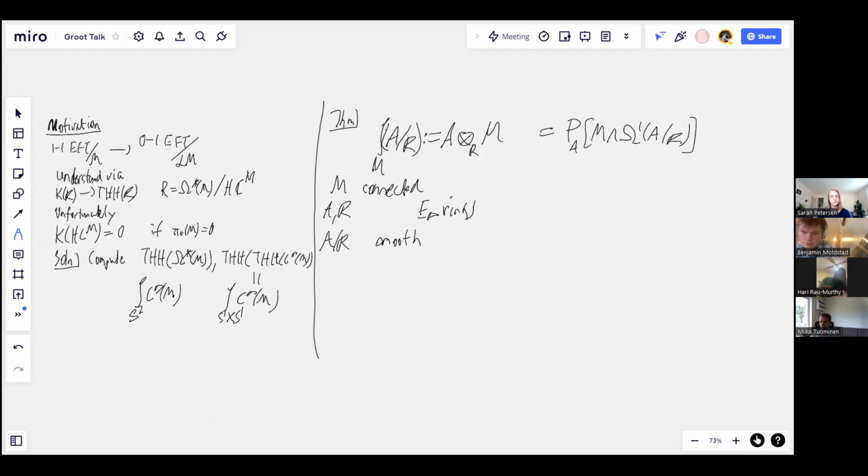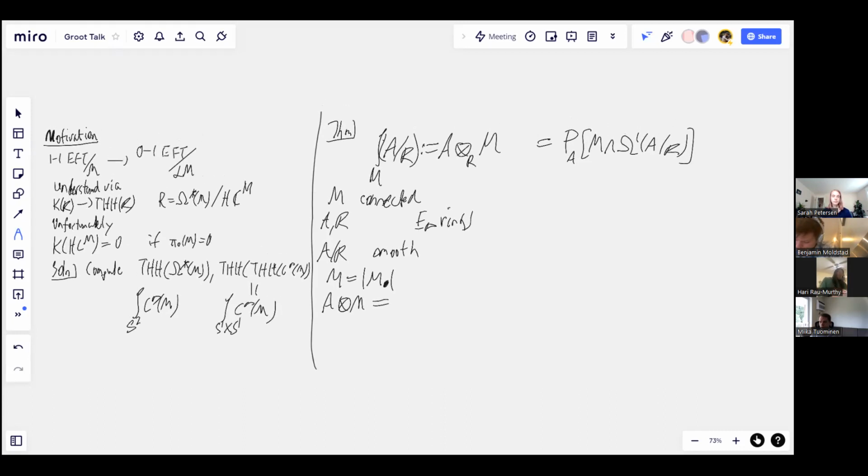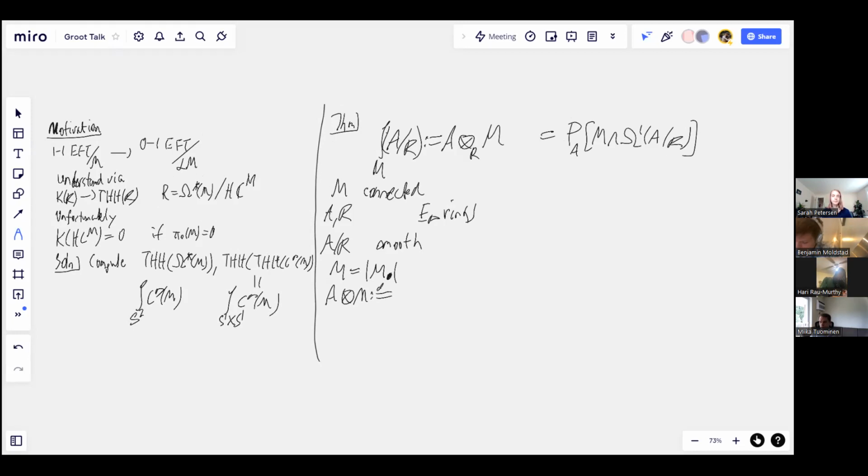Okay, so what is this tensor product over here? So A tensor M, if M is the geometric realization of some simplicial set, M bullet, then this is by definition equal to the geometric realization of the following simplicial ring.